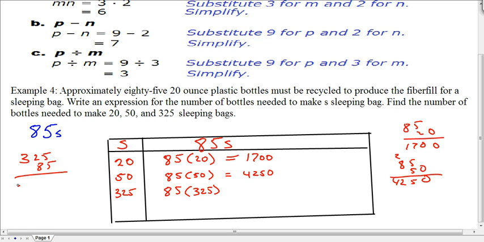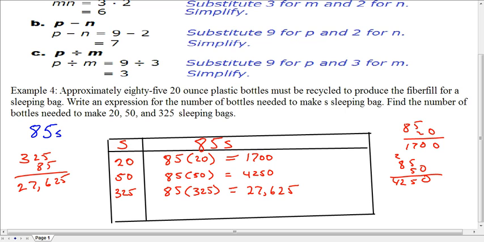And we should get 27,625. That's 5 times 5, and then 5 times 2, 5 times 3, and then move over 8 times 5, and so on, and we should get here 27,625. Okay, that's the way we do it.